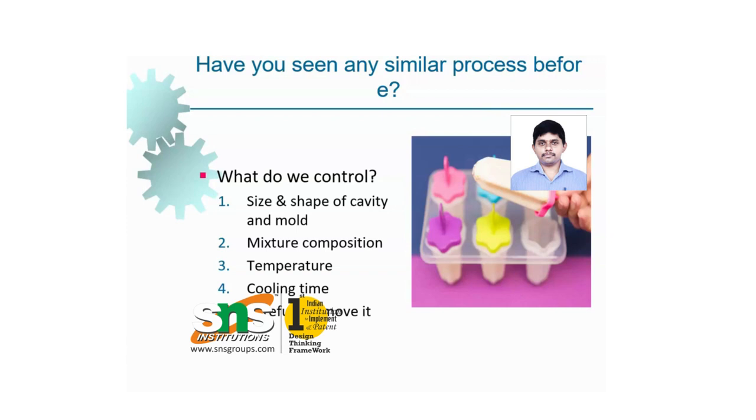If it involves mass production, we need to take care of the cooling time, carefully monitored with the help of temperature and mixture composition. We compared shell casting and investment casting in terms of mixture composition.